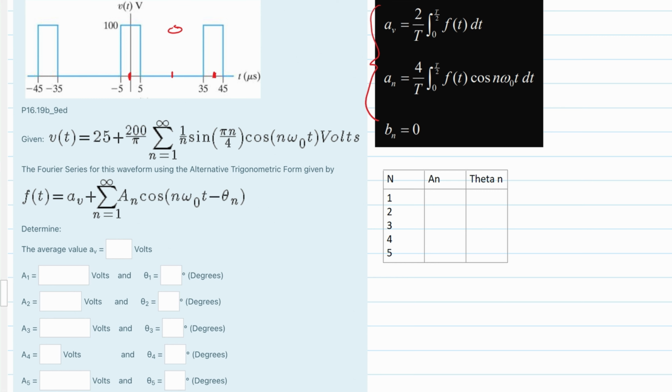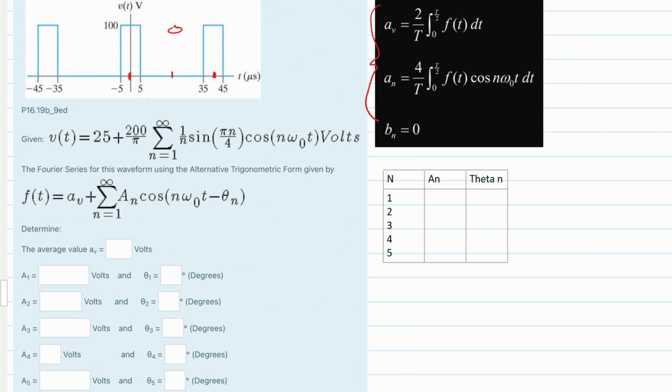to make a chart like this, where we have n. This is the n that we're going to plug in. We have our A of n, which is what we're going to get out, and then we have our theta n. Now, the A of n right here is different from this An.